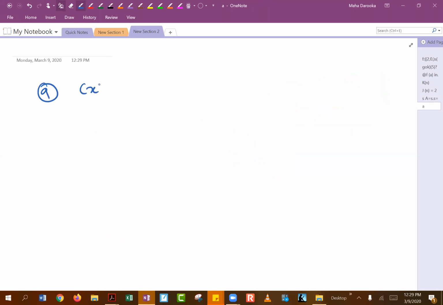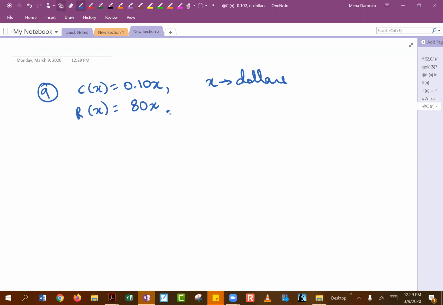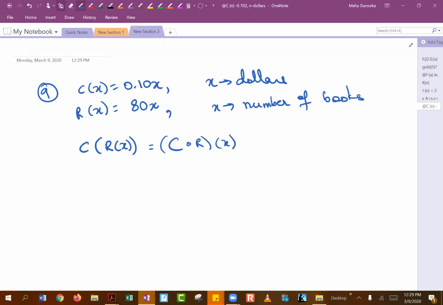Okay, so C of X, where X is your dollars. R of X is our revenue function, where X is the number of books. If you're doing the composition as C of R, what would you end up getting?